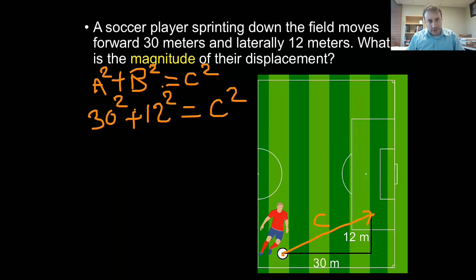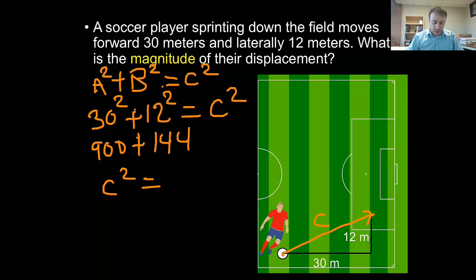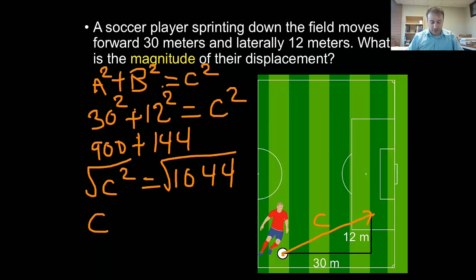If we take out our calculators, we can solve that 30 squared is equal to 900, and 12 squared is equal to 144. Therefore, c squared is equal to the sum of 900 plus 144, which is 1044. If we take the square root of both sides, we can solve that the magnitude of the soccer player's displacement is equal to 32.3 meters.